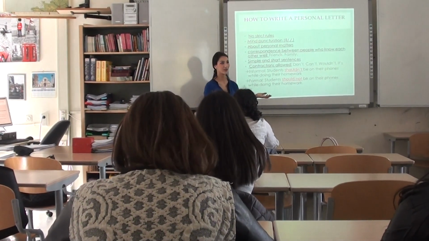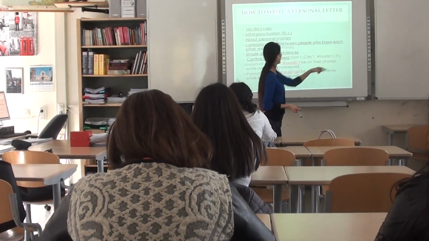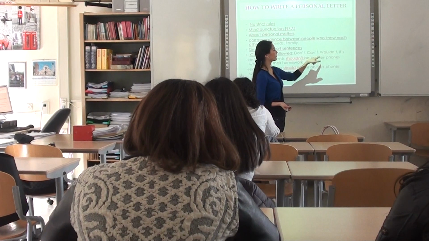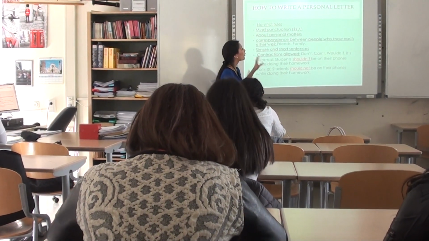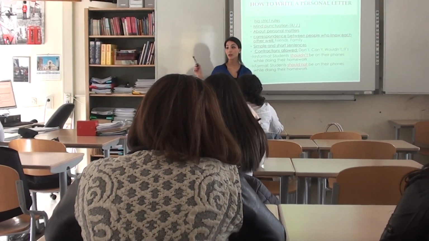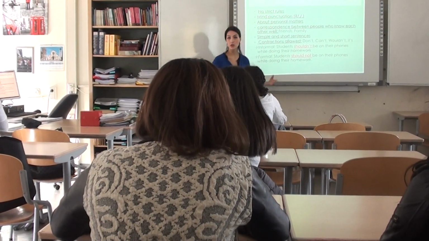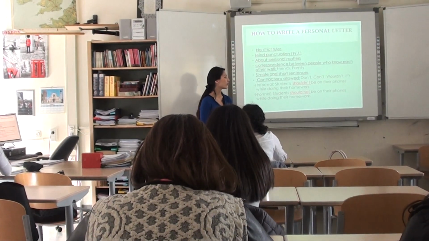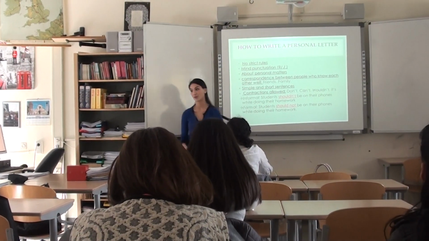Those are usually should not, do not, cannot, it is. In informal letters it is allowed to use this. But if you have a formal letter on your exam, you have to say should not, would not, cannot. So informal: students shouldn't be on their phones, and formal: students should not be on their phones.